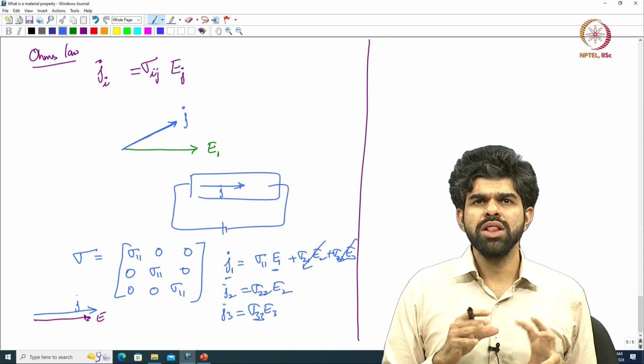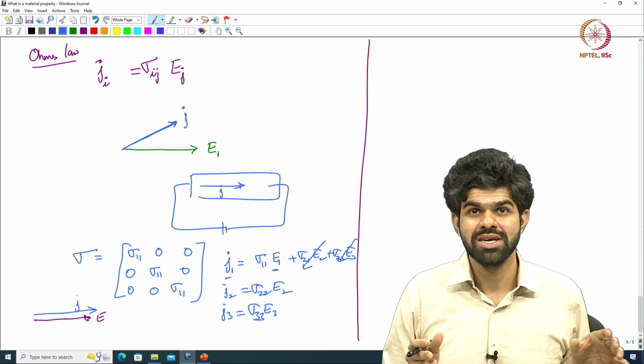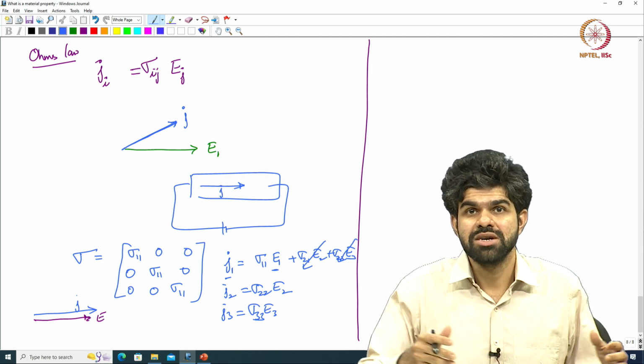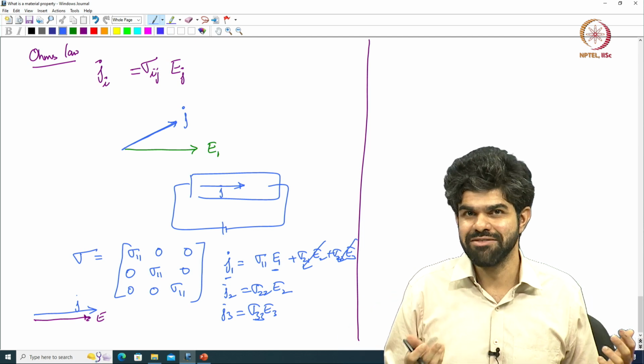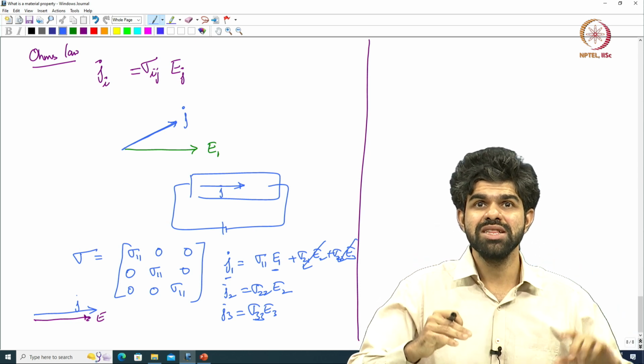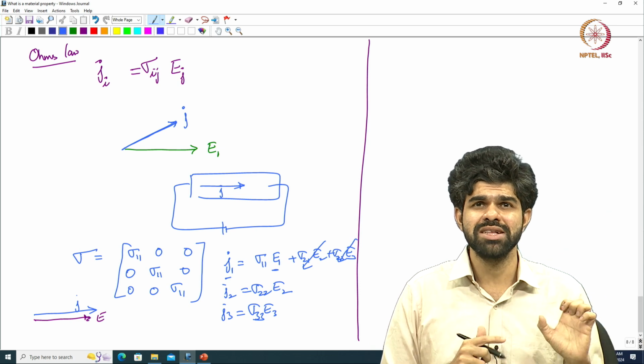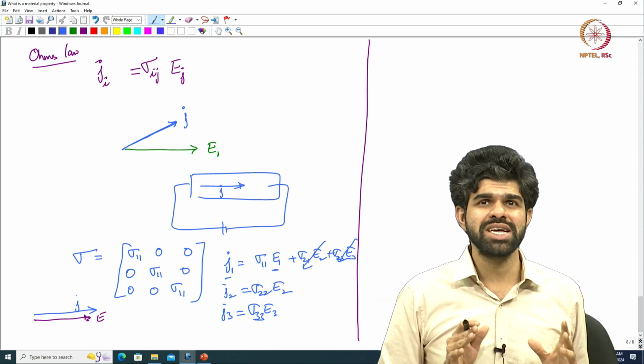Now, all this while in other courses, it is this simple case that you have most probably been dealing with. But this is just a very simple case where my material is what is called an isotropic material, where sigma is the same in all directions.